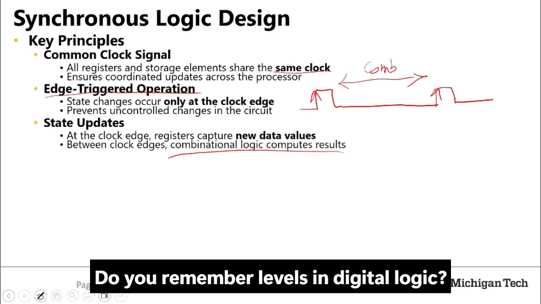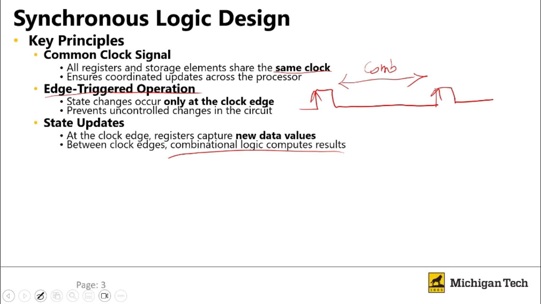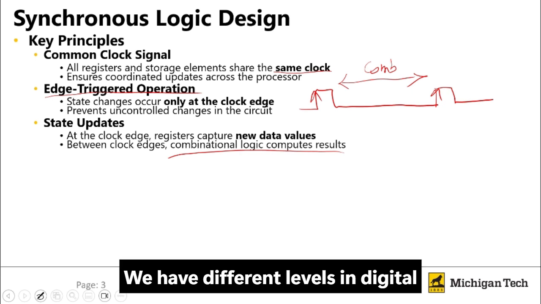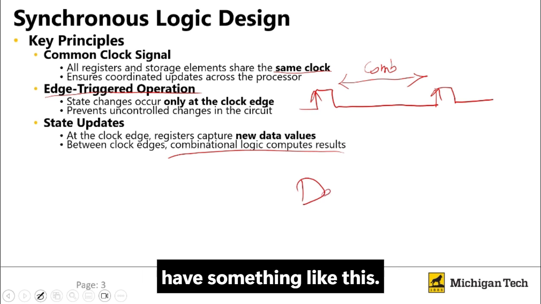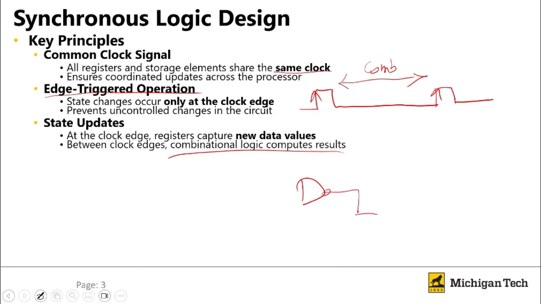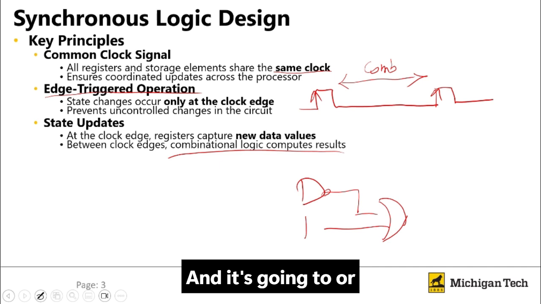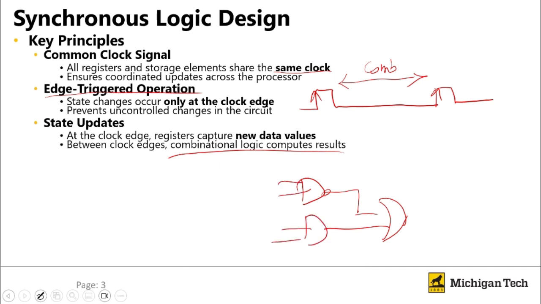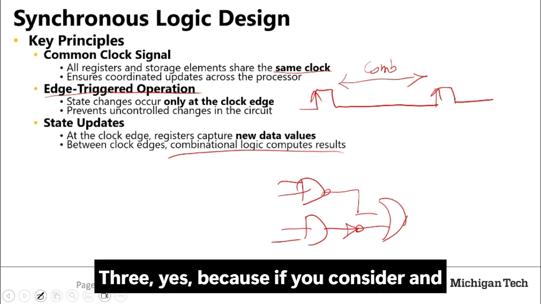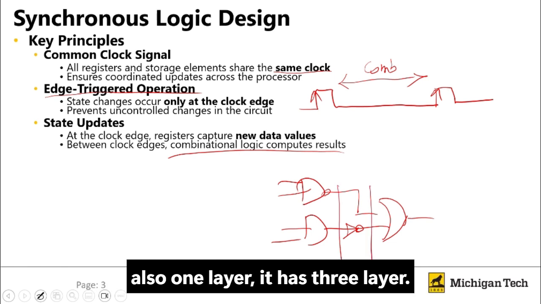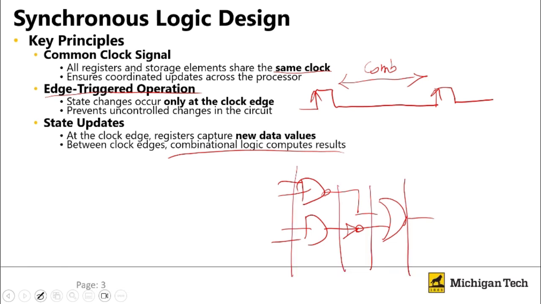Do you remember levels in digital logic? We have different levels in digital logic. So for example, we can have something like this, and it's going to an OR, and maybe we have one NOT here. So how many levels does this circuit have? Three, yes. Because if we consider the AND also one layer, it has three layers.